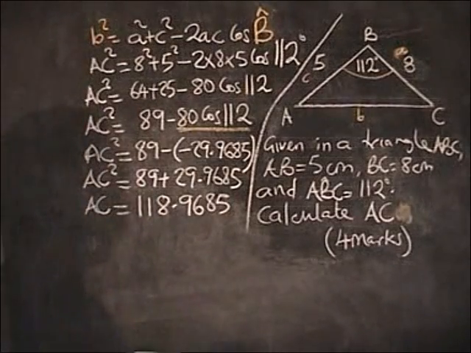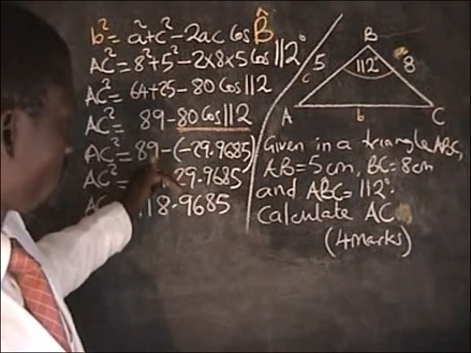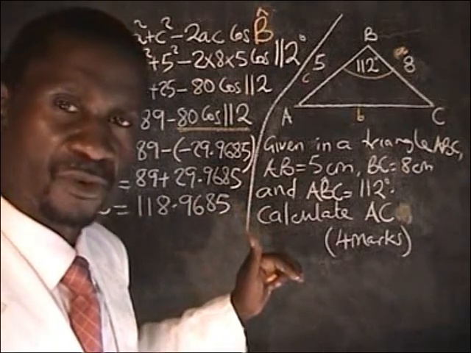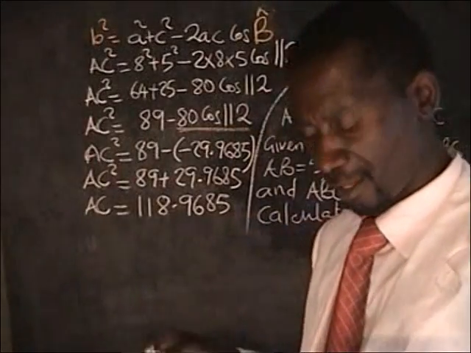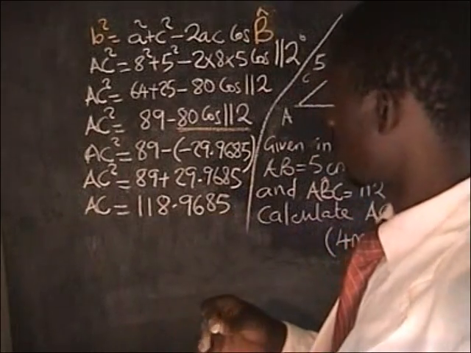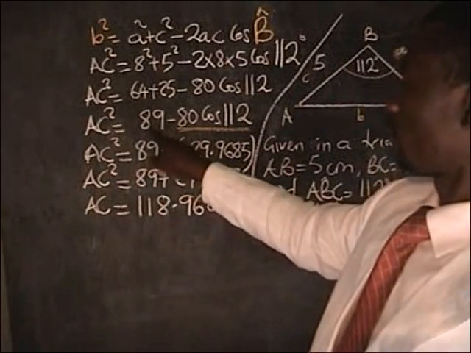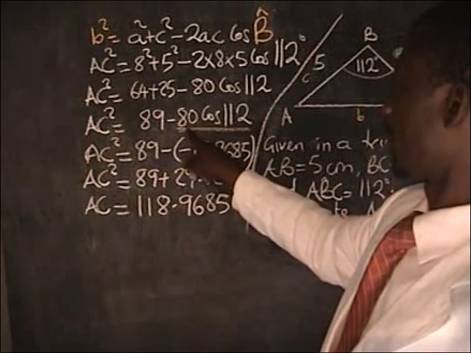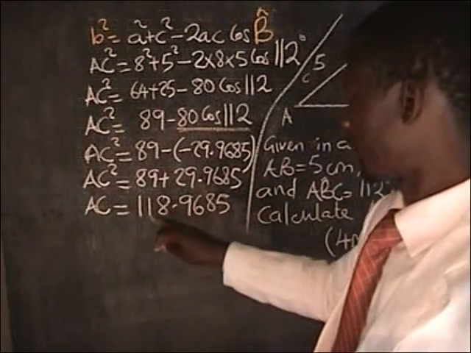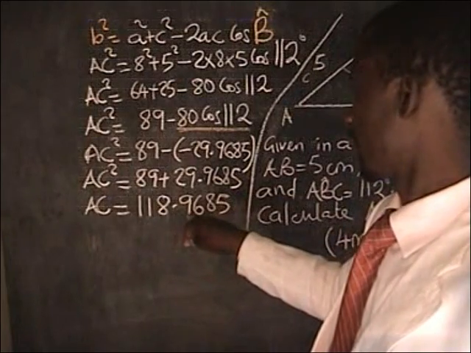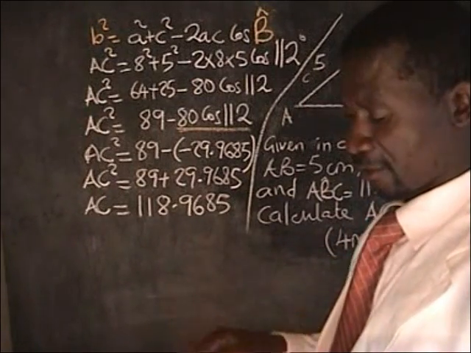Now, I am trying to explain the stages in order to make you understand. On the scientific calculator, the easiest way to do it is to feed in 89 minus 8 cos 112, and thereafter you press the equal sign. Then you are going to arrive at 118.9685.